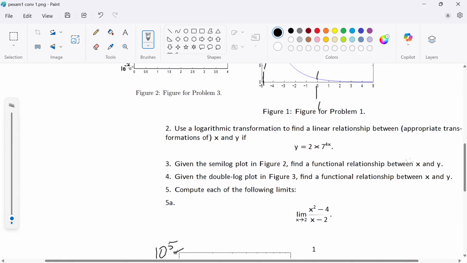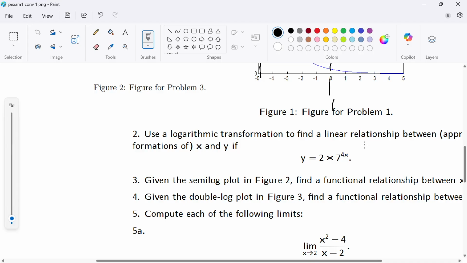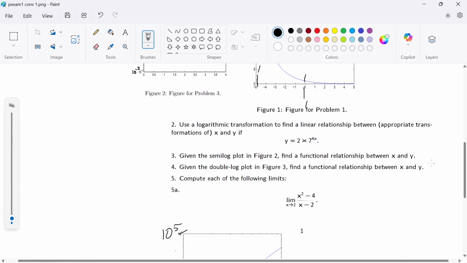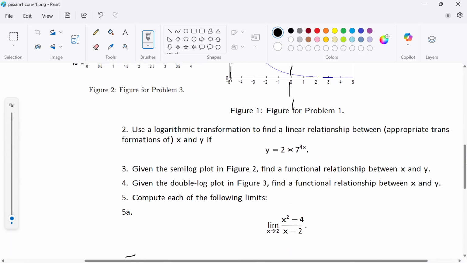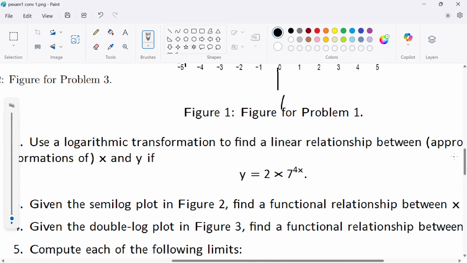Here's the next one. Use a logarithmic transformation to find a linear relationship between appropriate transformations of x and y if y equals 2 times 7 to the 4x. Well, use a logarithmic transformation. So I have a 7 here, so I could use log base 7, but that's not really common.